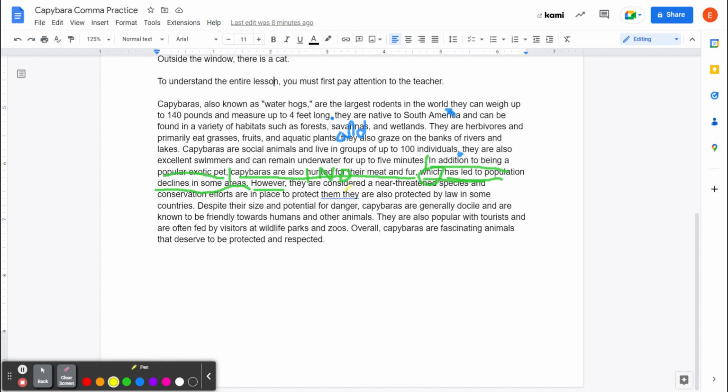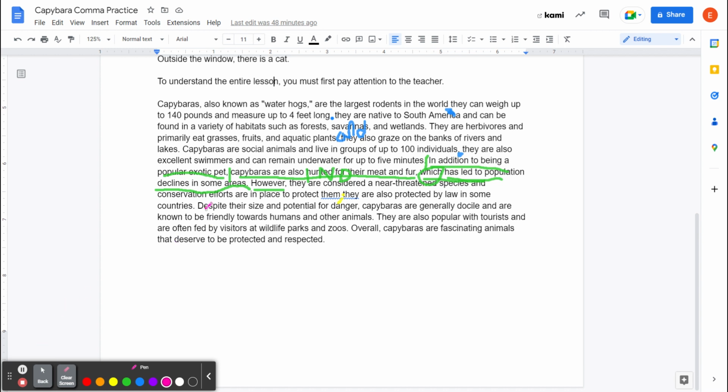Instead of separating them into two different sentences, though, because I have two ideas that are pretty much building on top of one another, this first sentence is talking about how they are endangered, and this one is talking about how they are protected by law in some countries. So because the second sentence builds off of the first one, I think probably the best way to join the two of them would not be a period or a comma conjunction, but probably a semicolon.